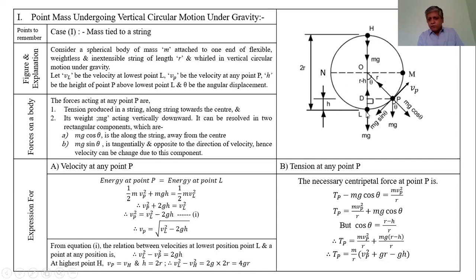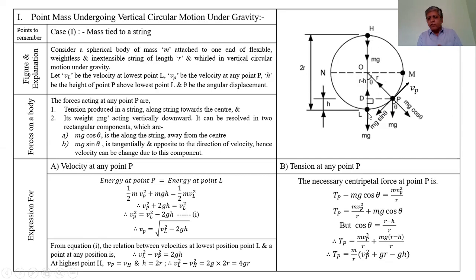For this purpose we must provide a horizontal velocity at the lowest position. If this vertical circular motion is in the anti-clockwise sense, the horizontal velocity is provided along this direction.